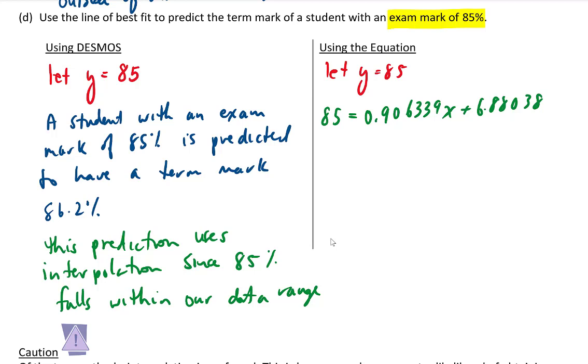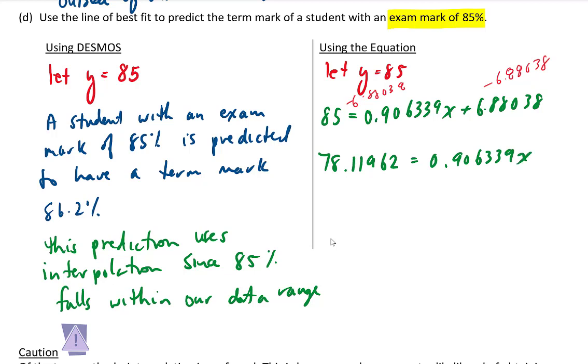We're isolating for x, so our first step is to minus the 6.88038 from both sides. And that gives us 78.11962, which equals 0.906339x.